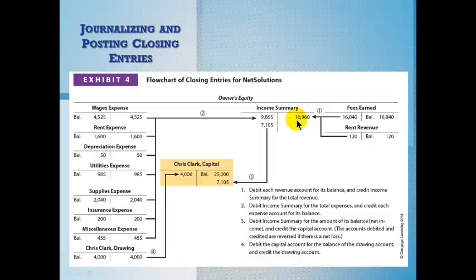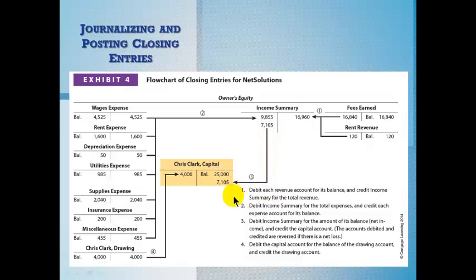Now income summary has a net credit balance, the $16,960 that came from my revenues, the $9,855 that came from my expenses. The net of those two numbers is the $7,105 that is now going to be closed to owner's capital. And remember, that $7,105 was the net income for the 2 months.